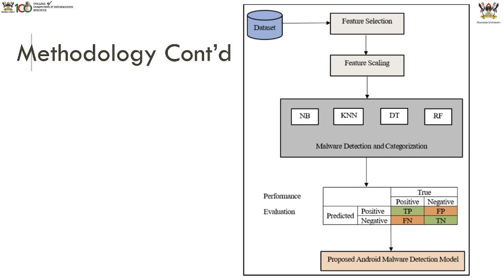This will enable us in understanding how our model performs. Then the output will be a proposed Android malware detection model. So this is the high level overview of how we shall come to our goal.